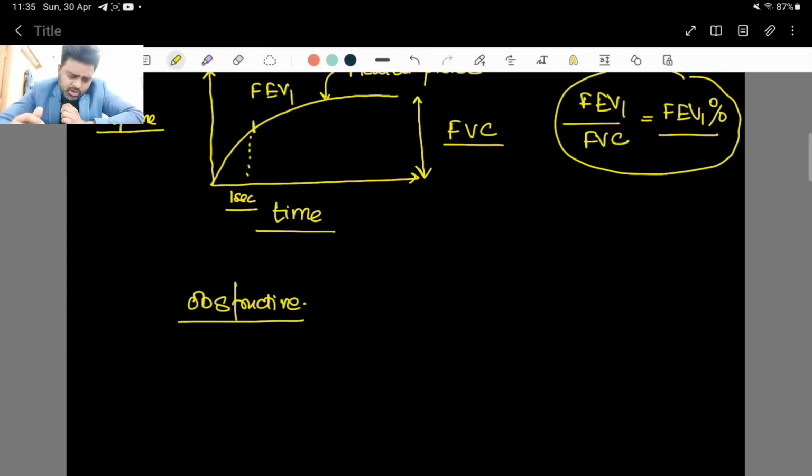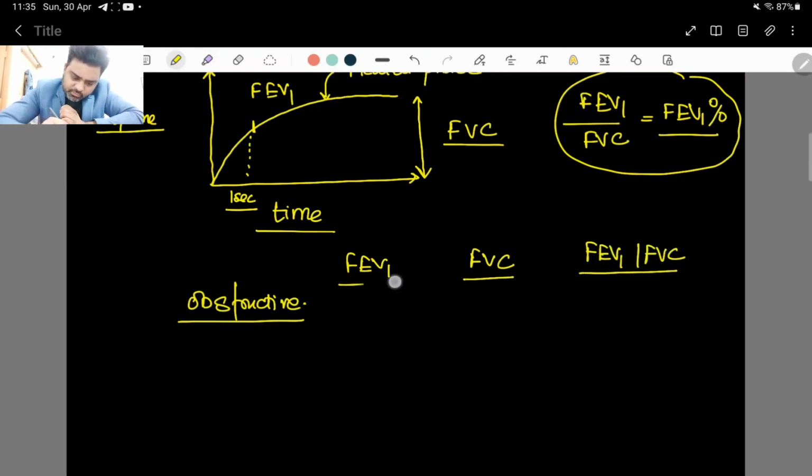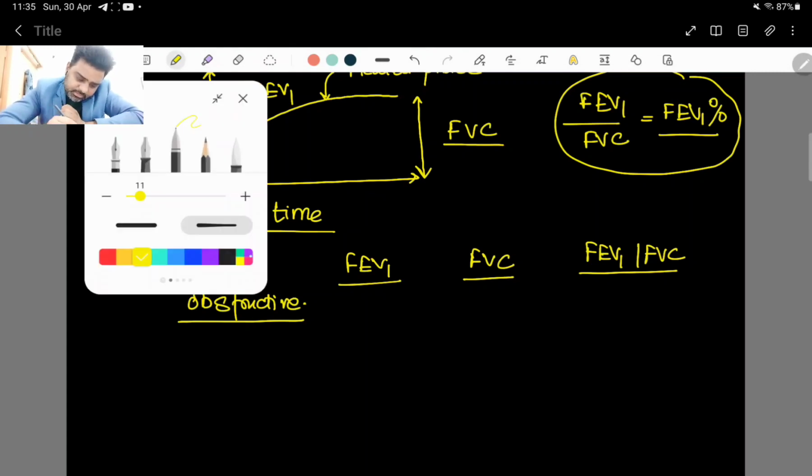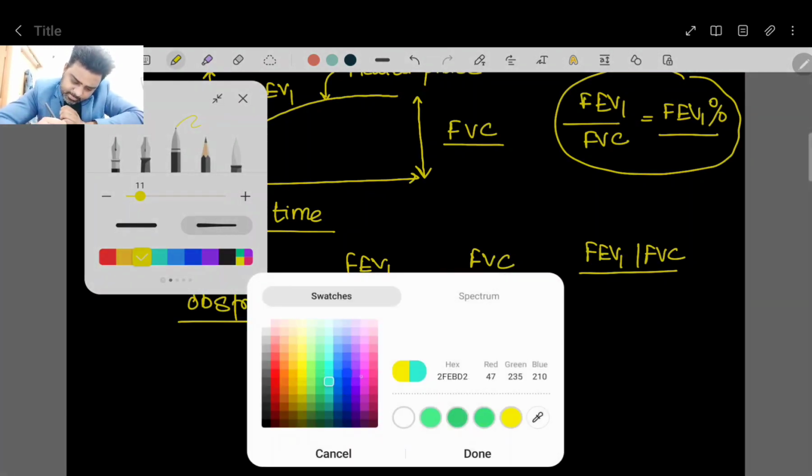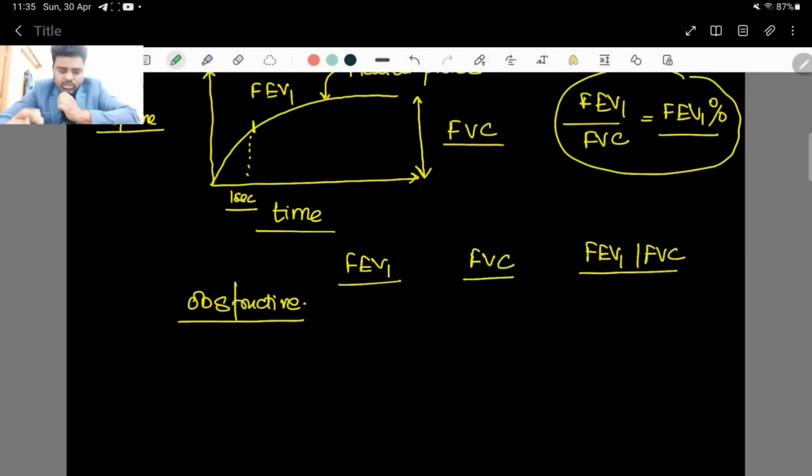Now, we have FEV1, we have FVC, and we have a ratio that is FEV1 by FVC. Now I am going to tell you a very important point which you have to remember. FEV1 is more sensitive and it decreases more in obstructive lung disease, whereas in restrictive lung disease FVC is more sensitive and it decreases more.